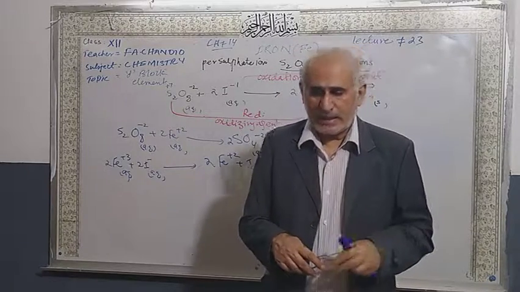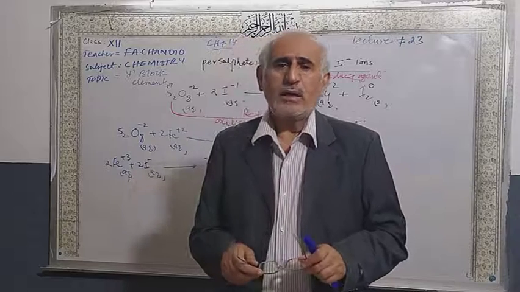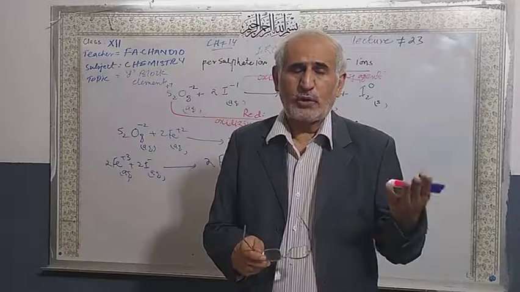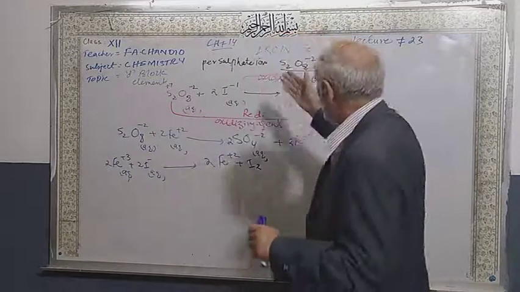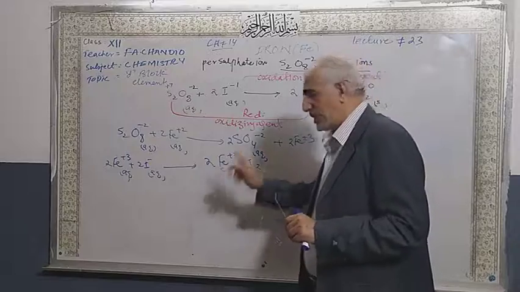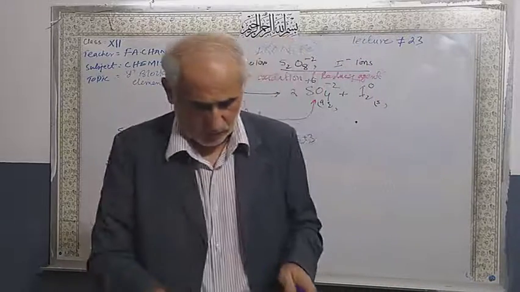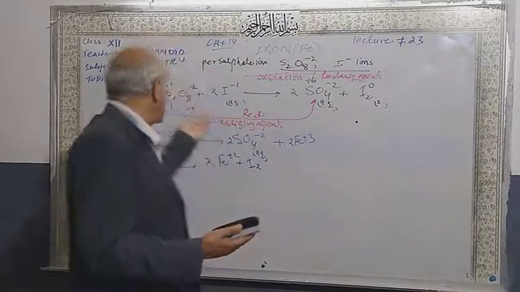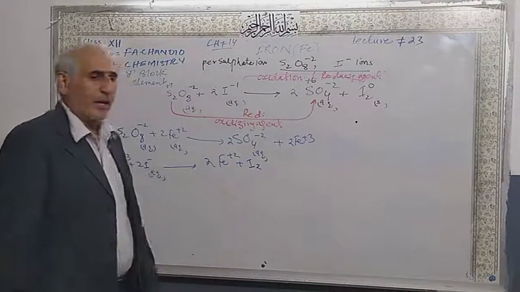That's why they have more than one oxidation state, and it's a very good ability for use as a catalyst. Temporarily they change oxidation state, and in the end the same is recovered. So this is the use of a catalyst in the persulfate and iodide ions.